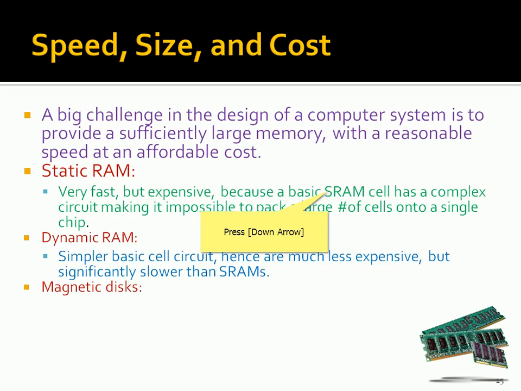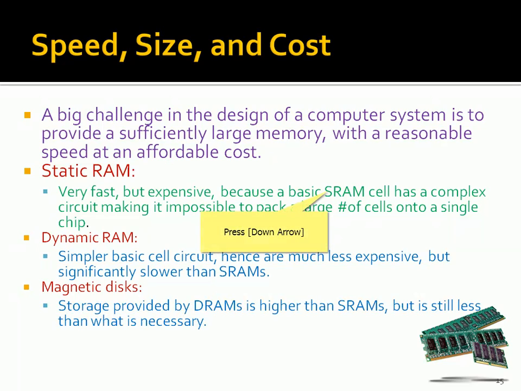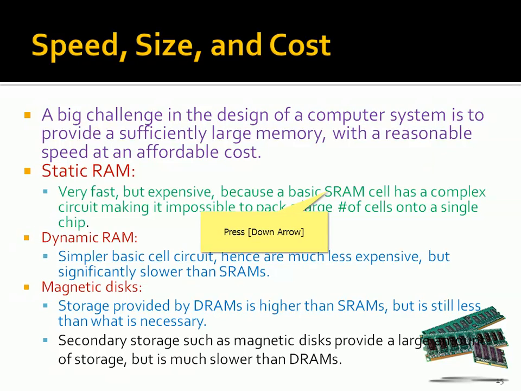The storage provided by DRAM is higher than SRAM, but it is still less than what is necessary. Secondary storage such as magnetic disk provides a large amount of storage, but is much slower than the DRAM. So secondary memory, that is the hard disk, magnetic disk or tape, provides a large amount of storage, but it is slower than the DRAM, right?